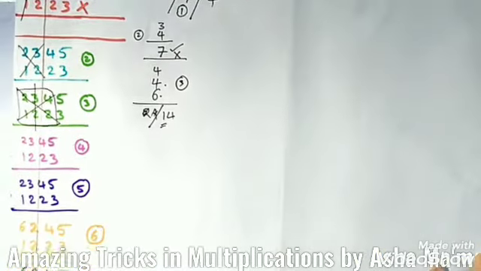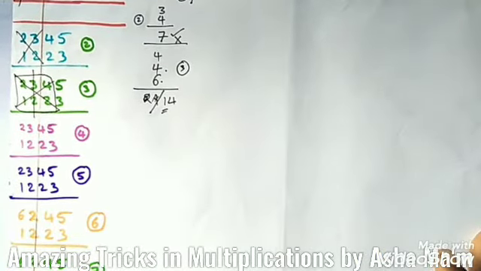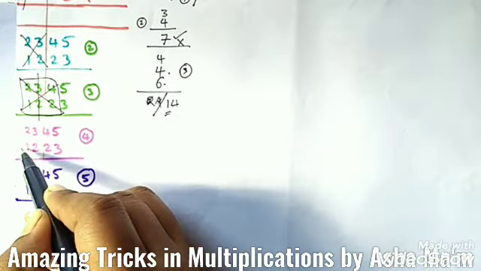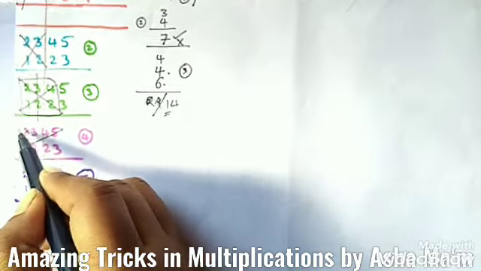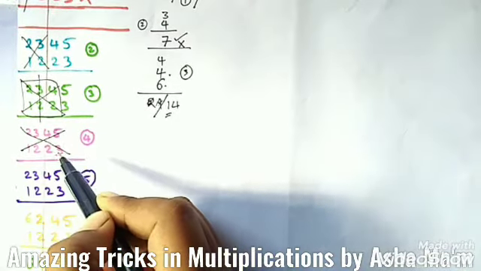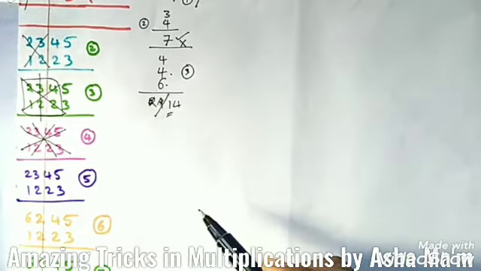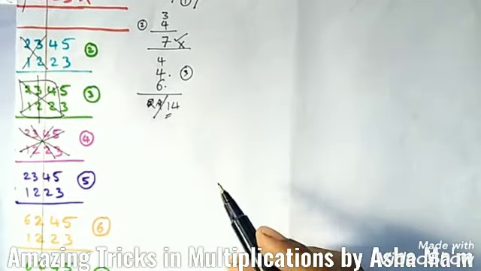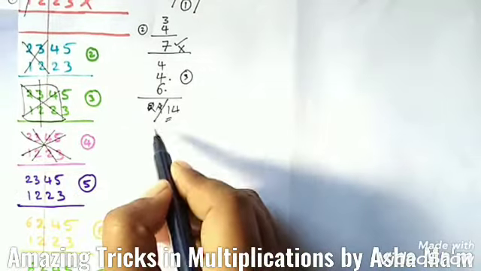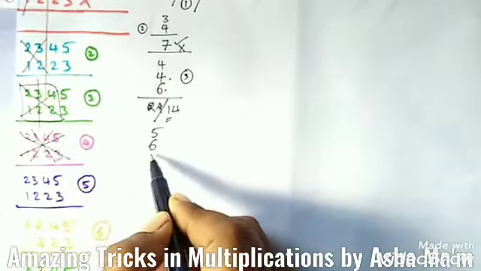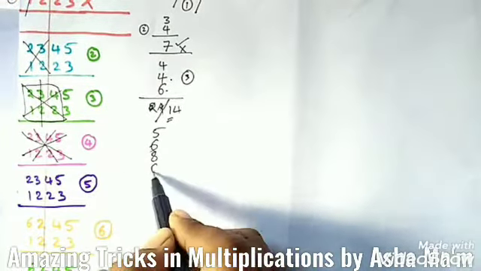And coming to rule number 4, here I have written what we have to do. First of all, you have to multiply these corner numbers. After that, these corners also. So, here is the cross multiplication. Twice you have to do. 1 5s 5, 2 3s 6, 2 4s 8, 3 2s 6.